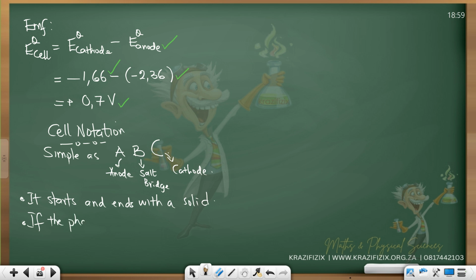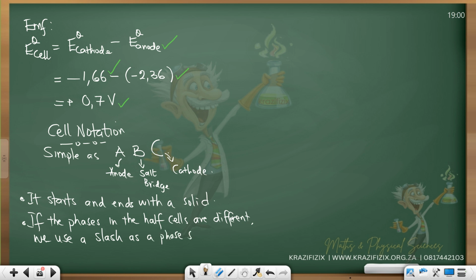Number 2: if the phases in the half cells are different, we use a slash. I call it a phase separator. If same phase, we use a comma.